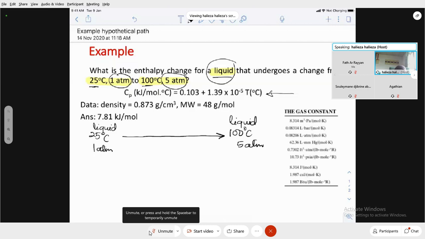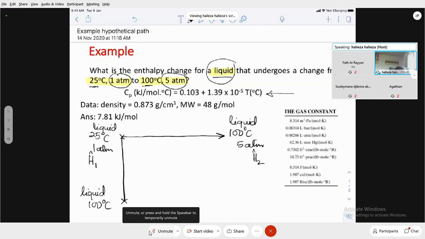What you start with here, you denote as your specific enthalpy 1, and this is going to be your final enthalpy 2. So you need to go from 25 to 100. You increase your temperature, still liquid. You did not change anything else, still liquid, but you changed the temperature.